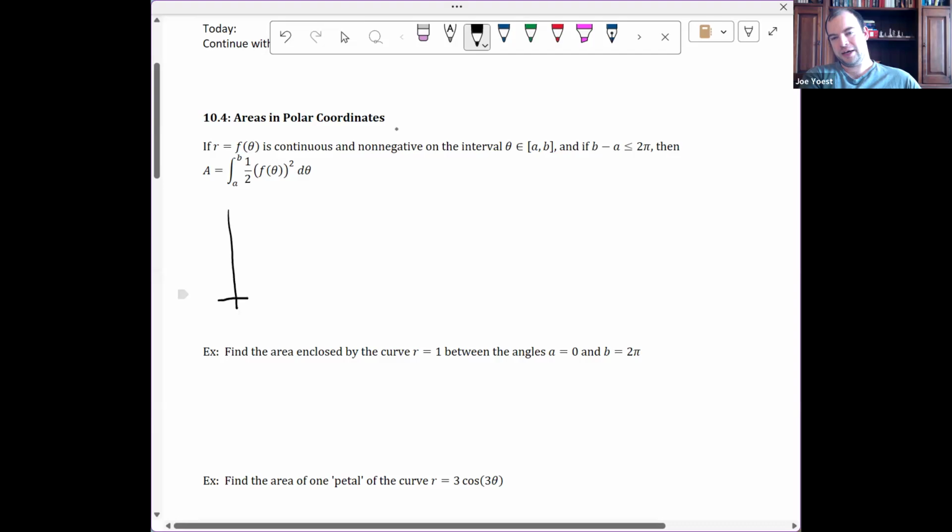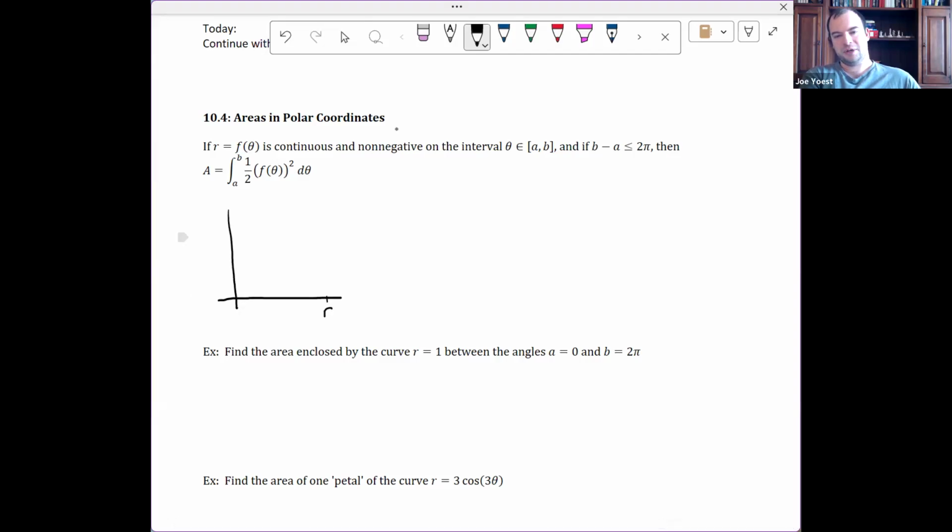Okay, so first let's remember that if we have a circular segment of radius r, so for instance, I have this quarter circle of radius r, and I have some angle, let me call the angle delta theta, then I have some area.